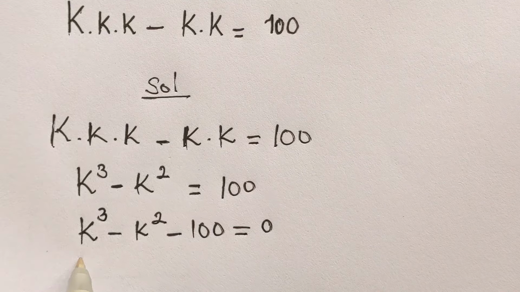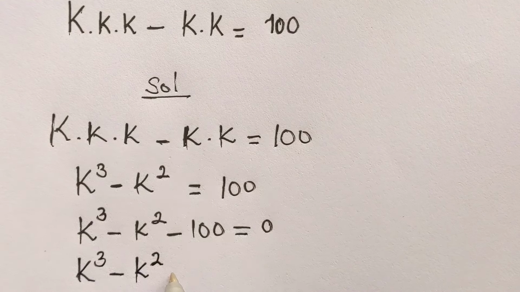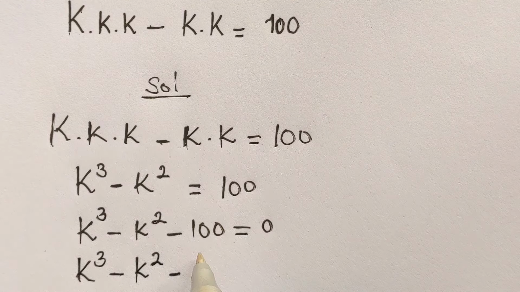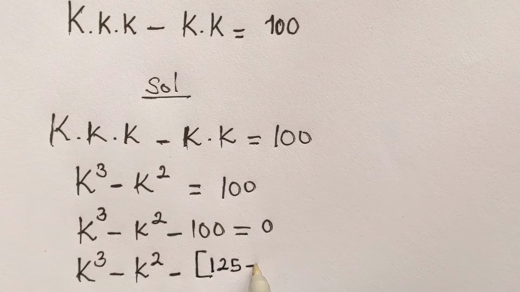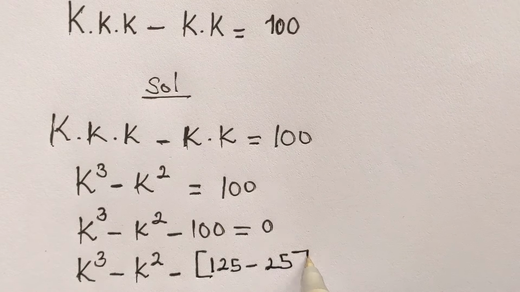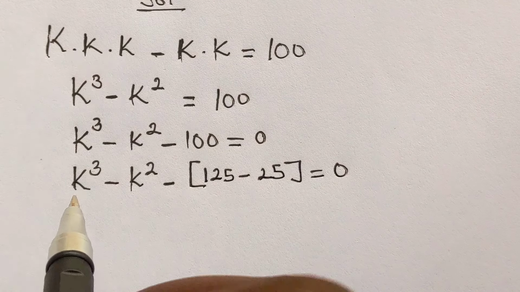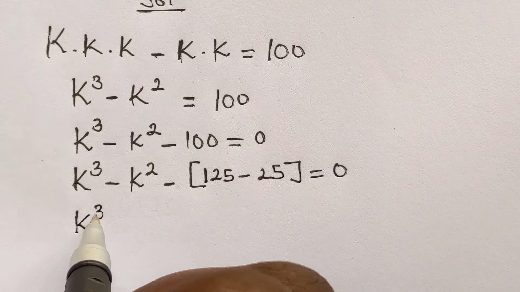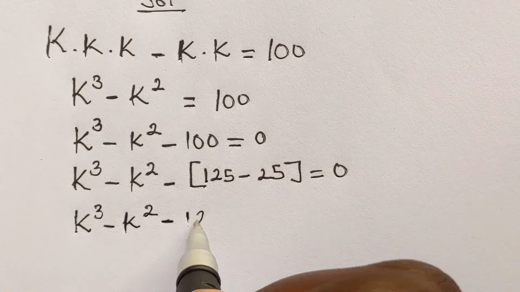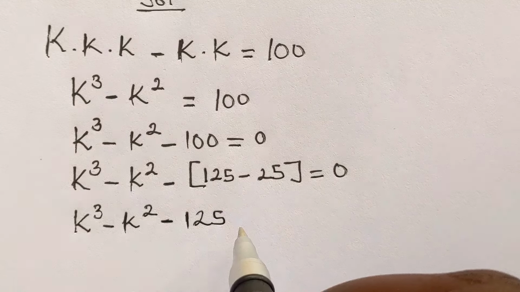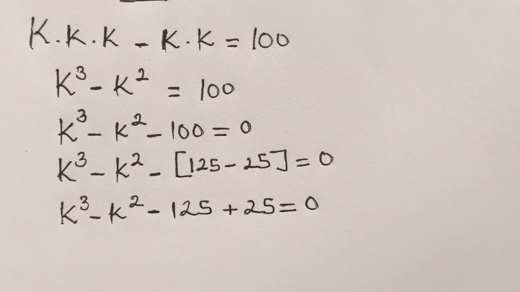Here we have k to the power 3 minus k squared, minus this 100 can be written as 125, then minus 25, which equals 0. Okay, then here we have k to the power 3 minus k squared, then minus 125, then plus 25 equals 0.